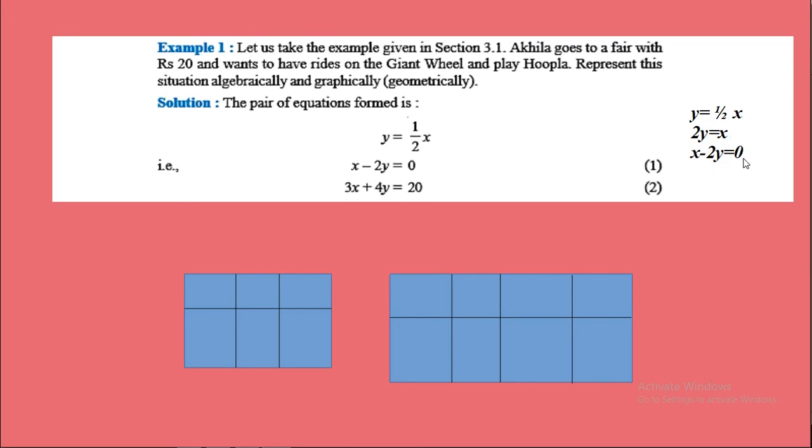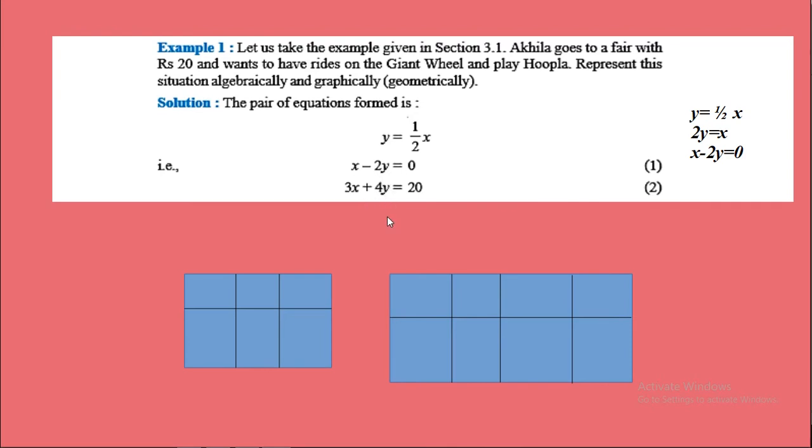And x minus 2y equal to 0 is the first linear equation we have here. And we have another linear equation, 3x plus 4y equal to 20, and we can see that these are linear equations in two variables x and y. So this is the pair of linear equations in two variables x and y.